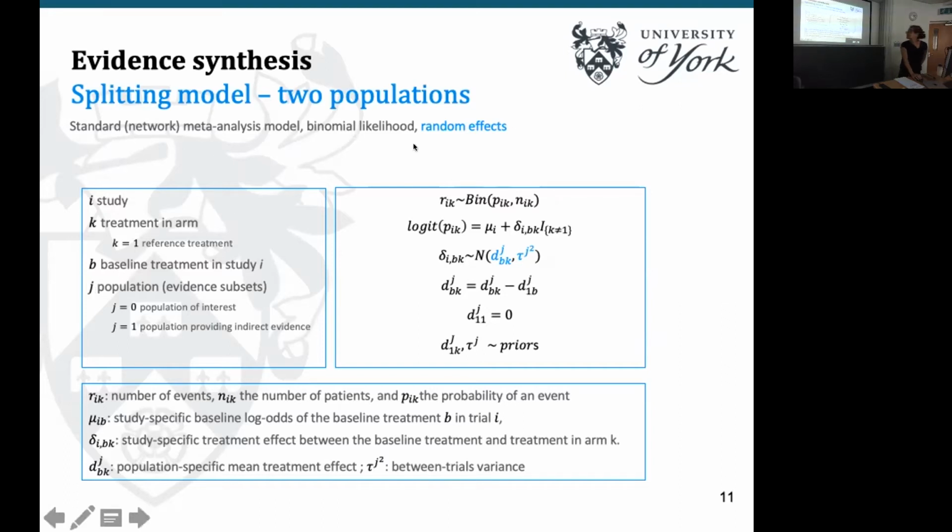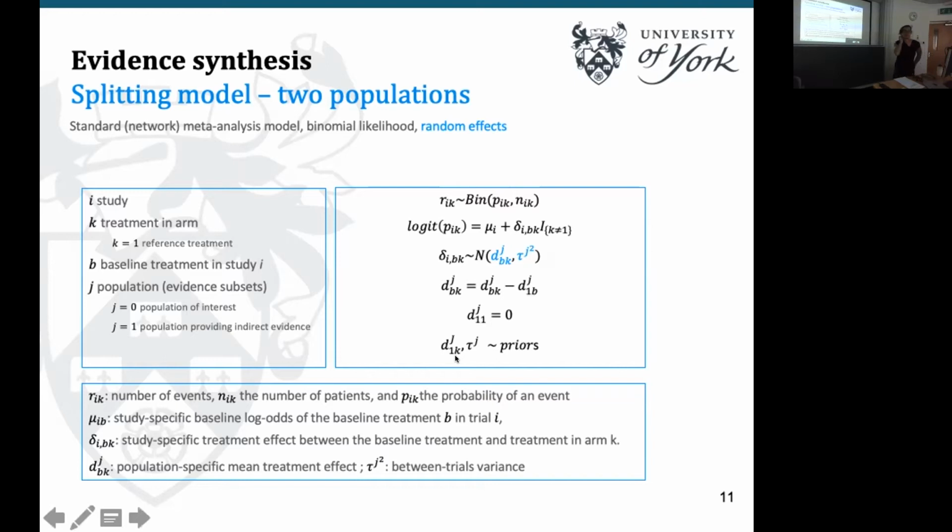At this point, we might have two evidence sets. In this case, I've selected population. Imagine you have two evidence sets, one in population J equals 0, which is your population of interest, and another in J equals 1, the population that provides the indirect evidence. This model is not attempting to pool them, so it's a splitting model. You retain the index J across the entire model.